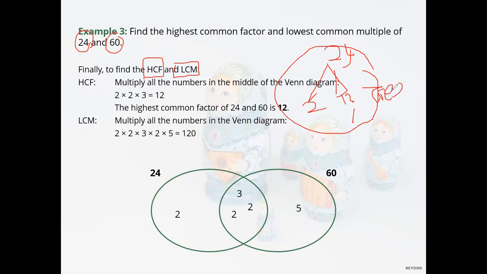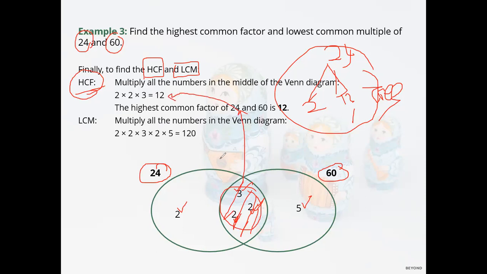We used that, and we found all these factors. The prime factors for 24 were 2, 3, 2, and 2. The prime factors for 60 were 5, 3, 2, and 2. So whatever is common, we put it in the common group. And your highest common factor is a multiplication of all these 3 numbers in this group only. That's your 12 over here.